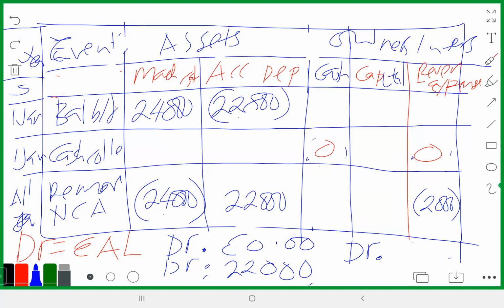Basically you haven't gained anything, so you have a loss of 2,000. Okay, 2,000. Because when you are disposing this asset, the people who got it didn't pay anything.